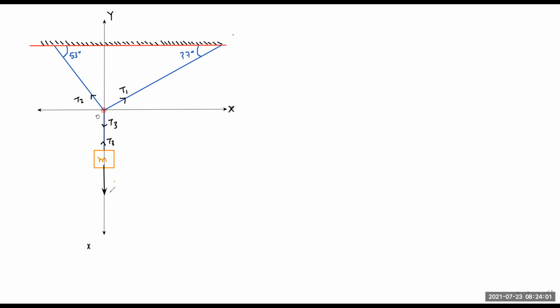There are two ways of writing: either W or mg. It is up to us how we represent it. In most of the options given in the question, you will find mg, so it is a good idea to practice writing mg as a force instead of W.